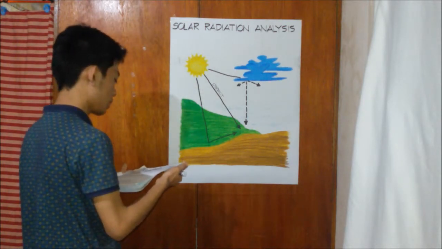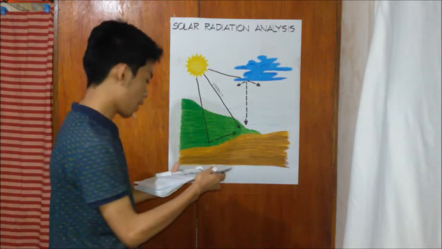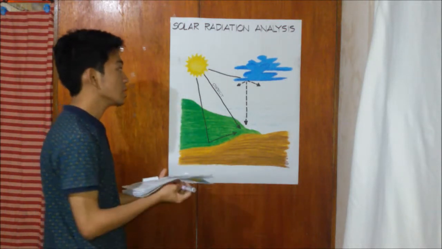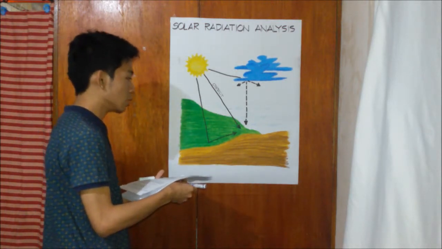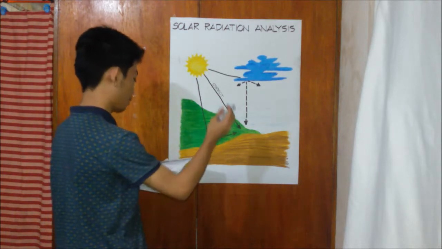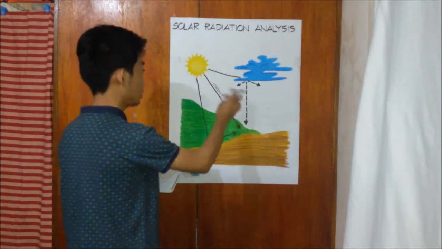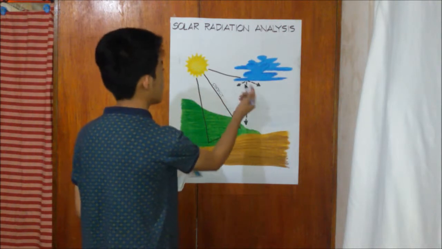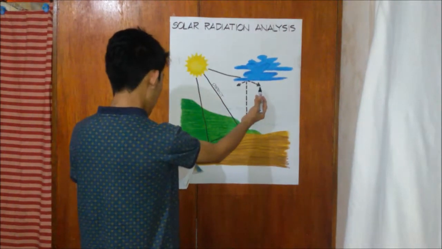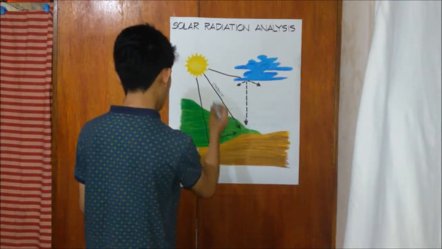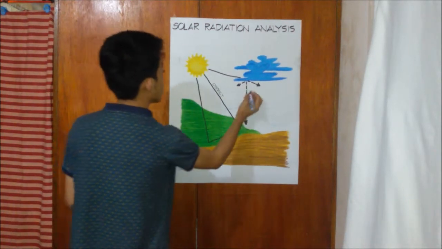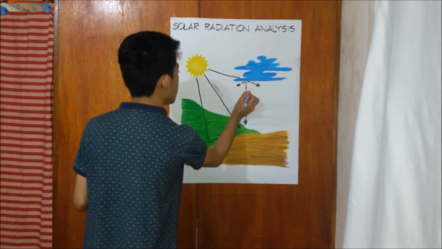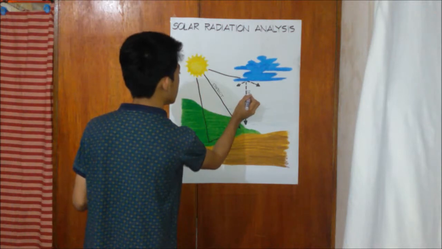Diffuse radiation is scattered by atmospheric constituents such as the dust and the clouds. And this is the diffuse radiation.